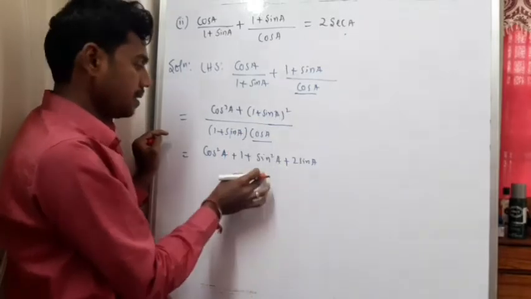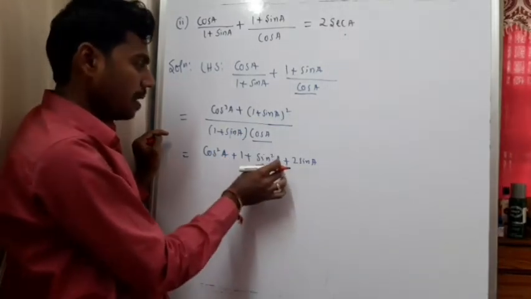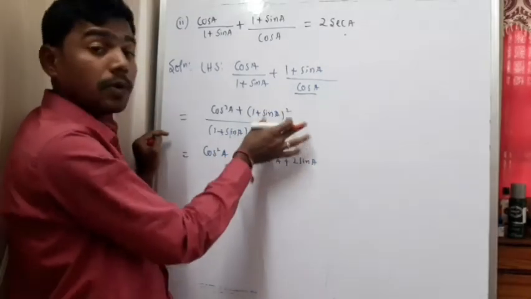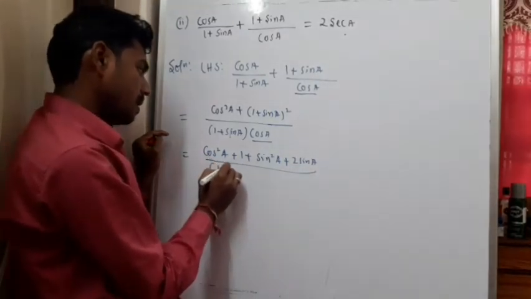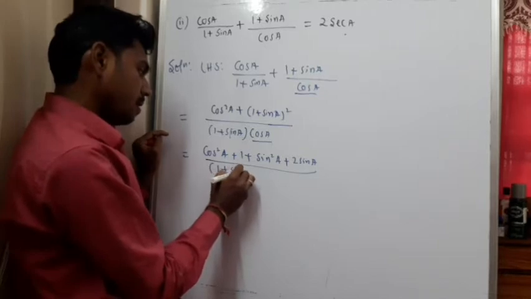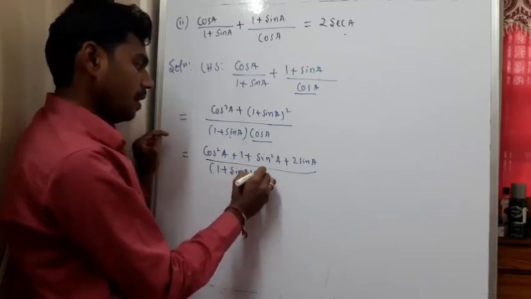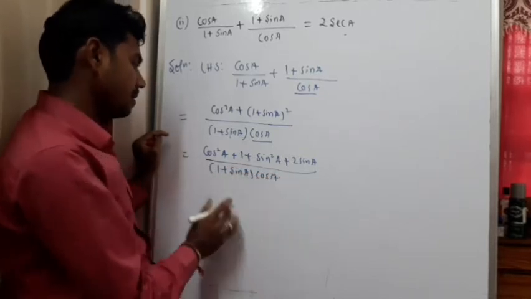If I expand this, cos square A plus 1 plus sin square A plus 2 sin A plus B whole square. Next, 1 plus sin A into cos A will write as it is.